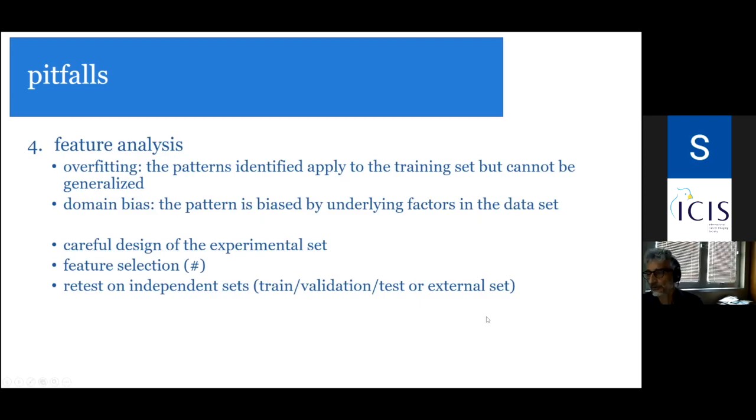And there are also some freely available external sets on the internet that one can use to test his own results. But most of the literature works are retested in the same institution by splitting the series into training, validation, and test subgroups. And this is, of course, a lower level of validation.